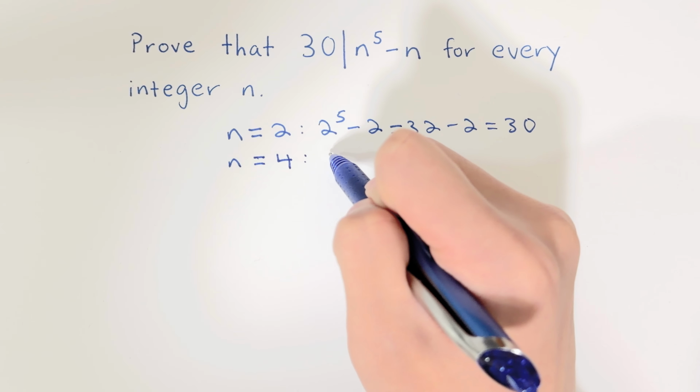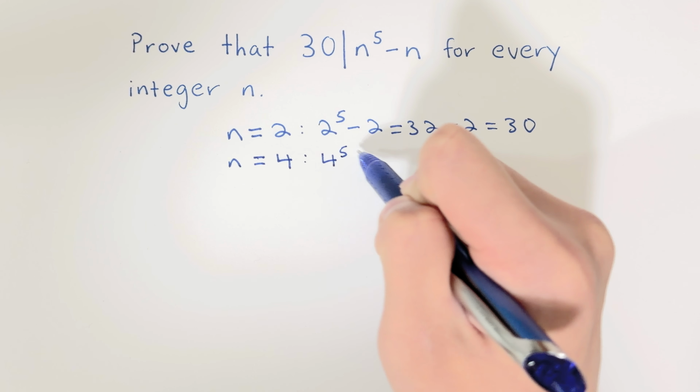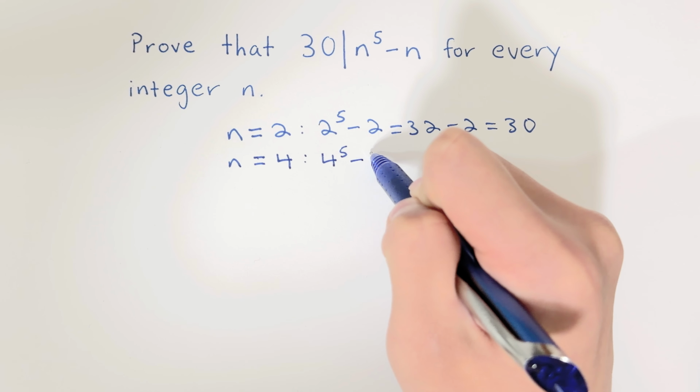We'll have 4 to the power of 5 minus 4 equals 1024 minus 4, which equals 1020, which is 30 times 34.